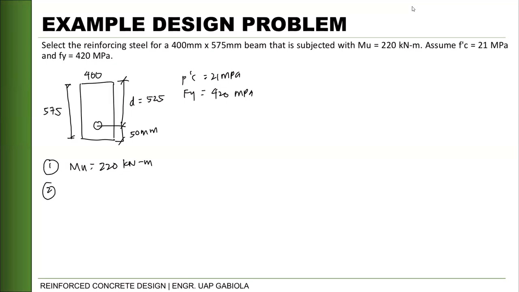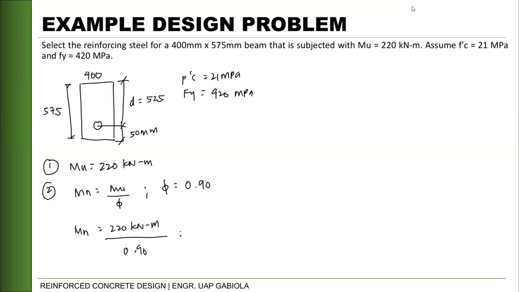Number two, we need to calculate Mn using the formula Mu over phi, wherein we assume phi is 0.9, meaning we assume that the beam is tension controlled. So we use 0.9. Mn would be equal to 220 kilonewton meter all over 0.9.